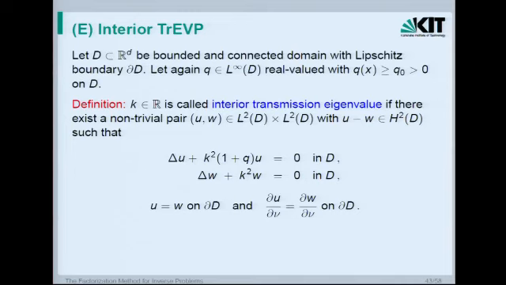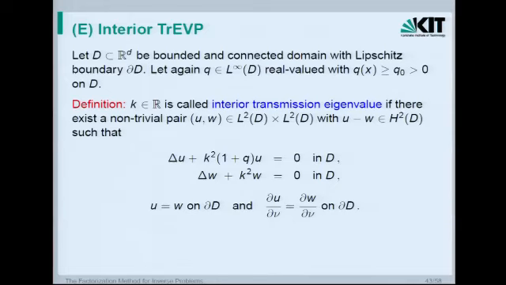Remember, this was the one differential equation, that was the other differential equation, and the Cauchy data coincide on D. And I make the assumption here that q is positive and bounded below everywhere on D. This is called the interior transmission problem because both equations live in the interior, and apparently it's an eigenvalue problem.